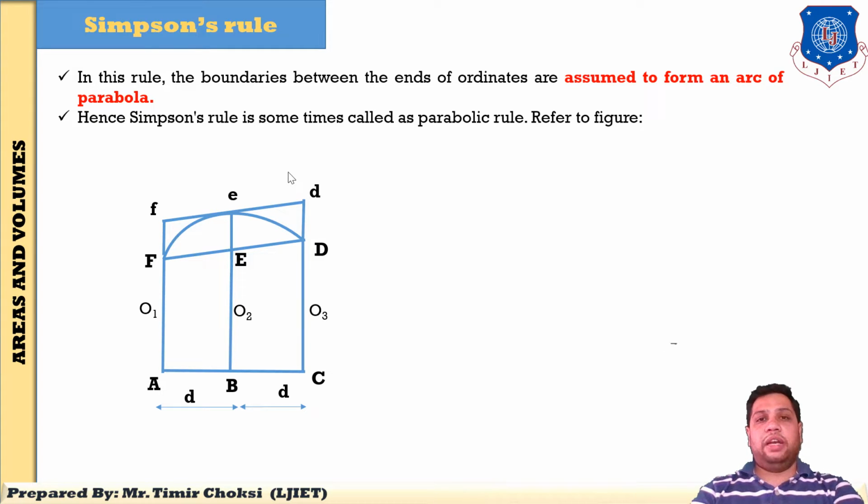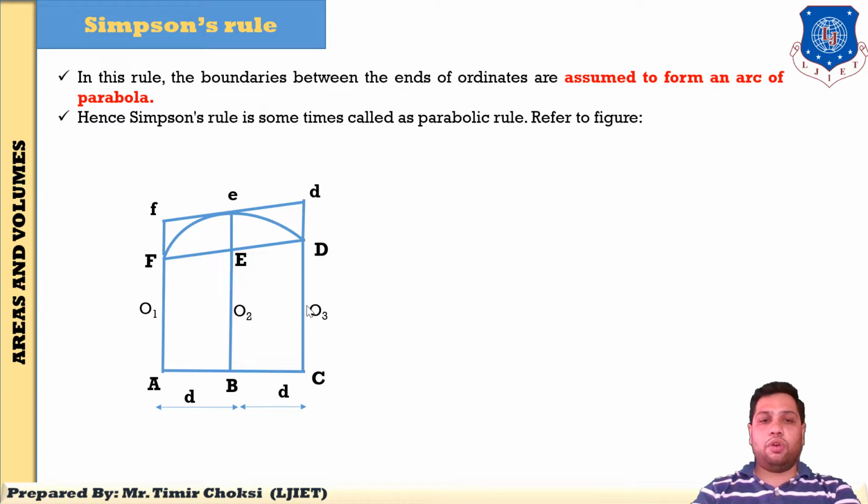But here one limitation is there, students. Clearly listen and understand. When you join the boundary line in a curve form or a parabolic curve, three ordinates are used. So Simpson's rule is always used for only odd ordinates.